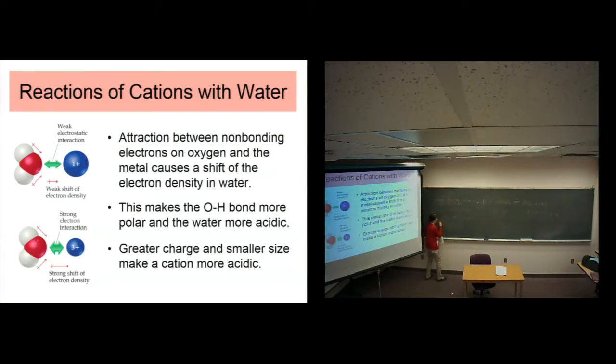Perchlorate, ClO4 minus, and one more: ClO3 minus. So chloride, bromide, iodide, nitrate, sulfate, perchlorate, and chlorate. Where did any of these ions come from? Strong acid. So that makes these all negligible bases.